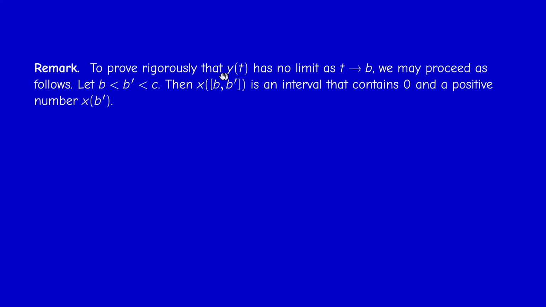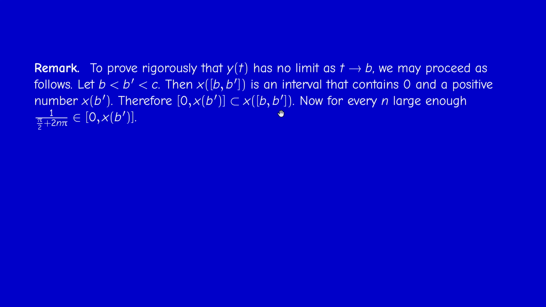X is continuous and this interval is connected, so the image is connected. It's a connected subset of R, so it's an interval. And it contains 0 because X of B is 0. So since it's an interval, the interval joining 0 to X of B prime is totally contained in the image of BB prime under X.